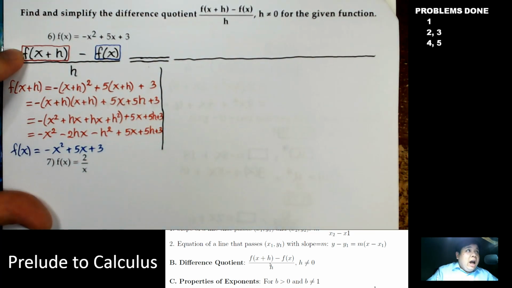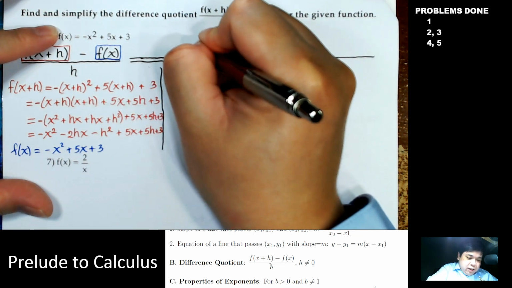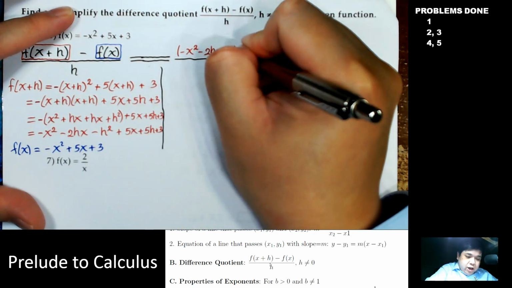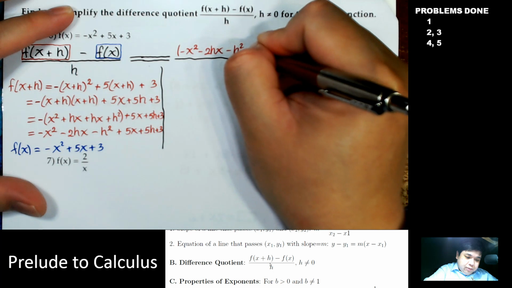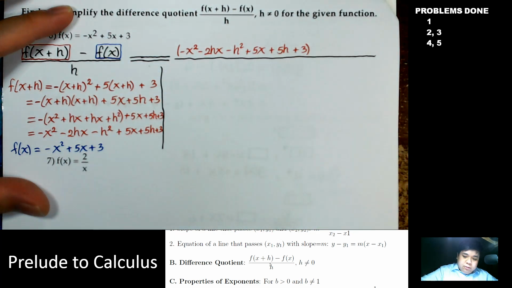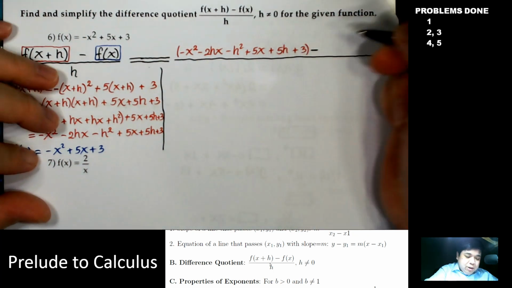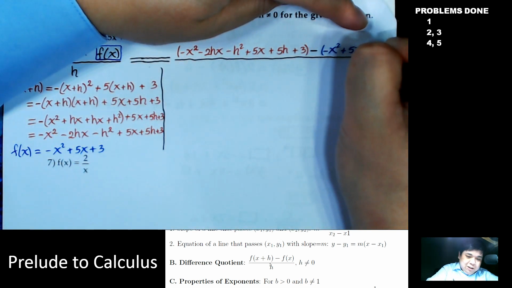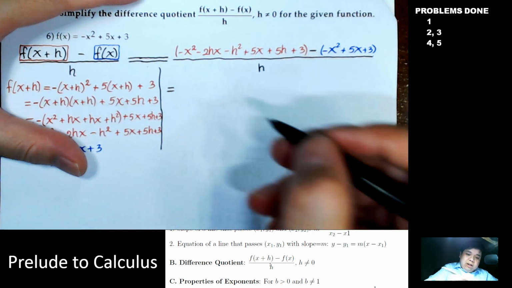First we have f of x plus h will be this. I put that in a parentheses. Minus x squared minus 2 hx minus h squared, and then pretty much the whole thing. And then minus the function will be in blue.